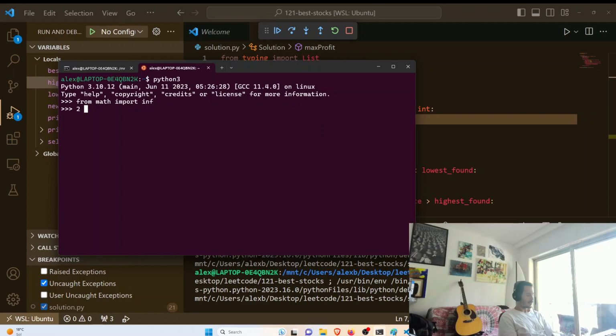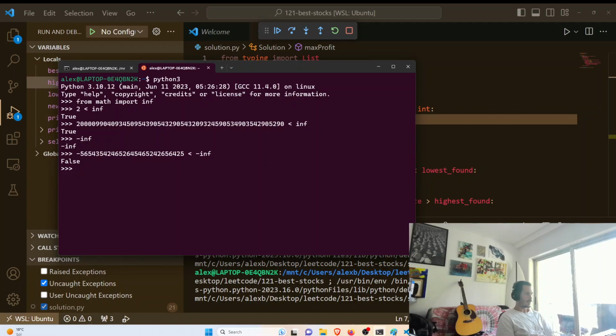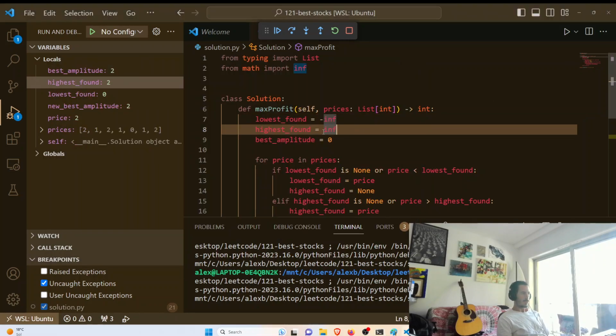So 2 is smaller than inf. True. All of this big number is smaller than inf, yes, because it's infinity. Let's see if we can do minus infinity. All of this is smaller than minus infinity? False. But it's smaller than infinity. True.